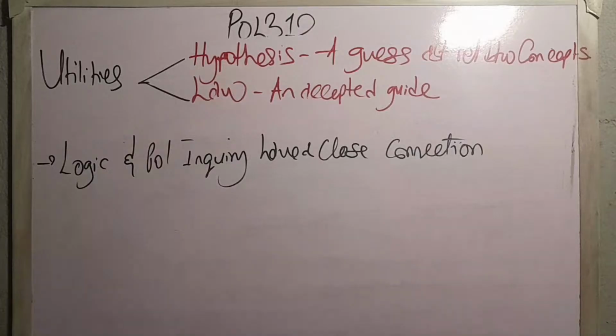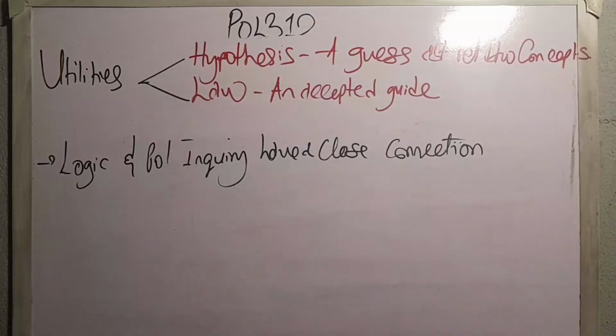Now, the logic of political inquiry refers to the underlying ontological and epistemological justification. When we talk about ontological, we are more intentional about certain behaviors, the study of human beings itself, and epistemological has to do with knowledge.